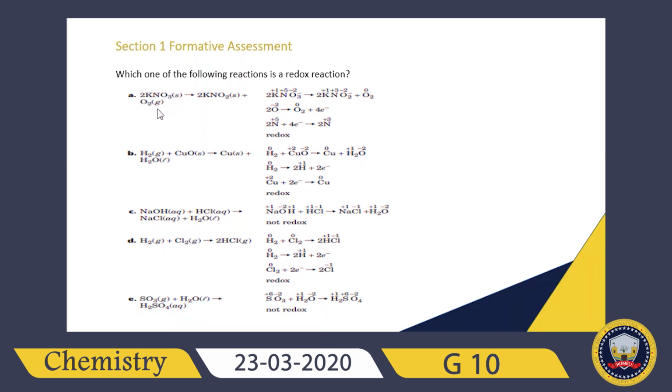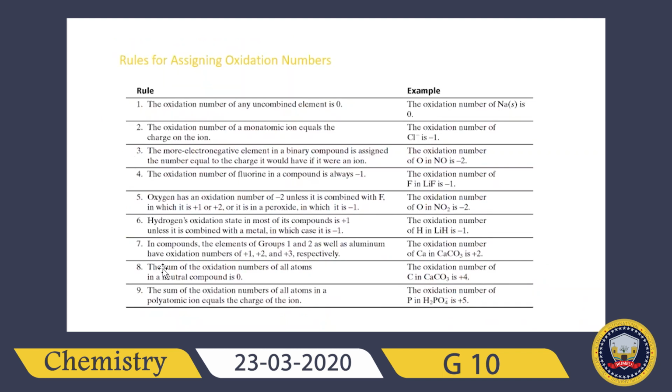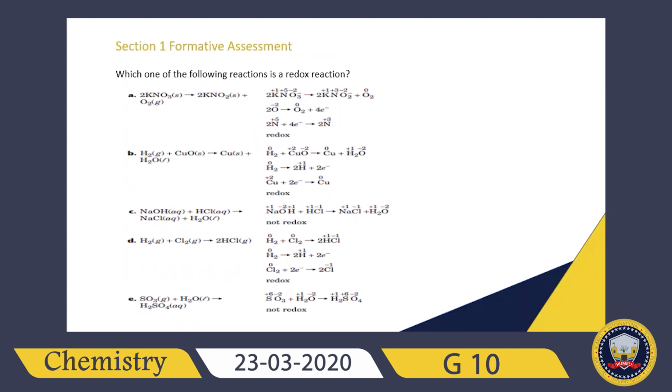This is a neutral compound. And if you remember the rule we discussed, the sum of the oxidation numbers of all atoms in a neutral compound is equal to 0. So according to that, we make our calculation. 3 multiplied by -2 equals -6, plus the oxidation number of potassium, which is 1, equals the oxidation number of nitrogen.